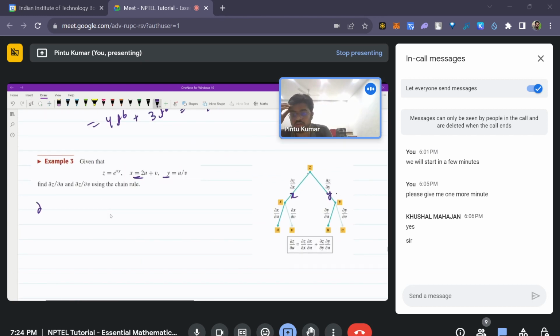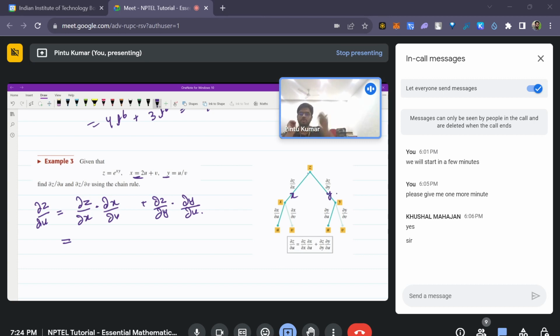So we have to find del z by del u, which is del z by del x into del x by del u plus del z by del y into del y by del u. So this is e to the power xy, we will treat y as a constant. So e to the power xy remains as it is.